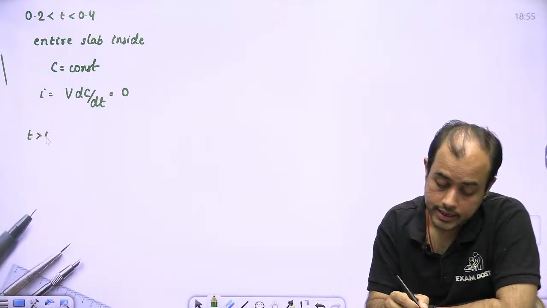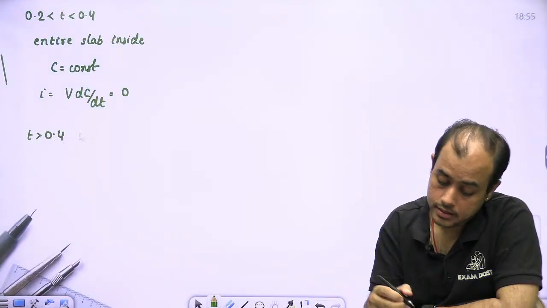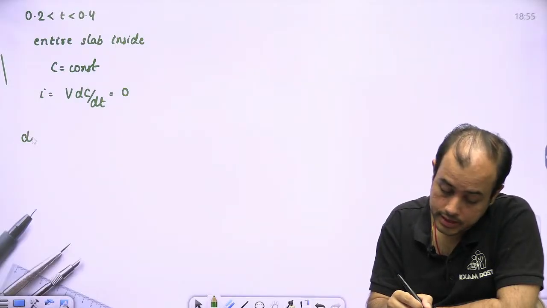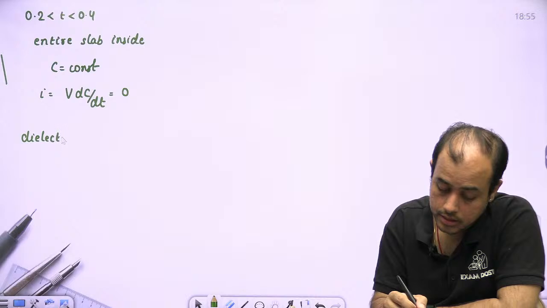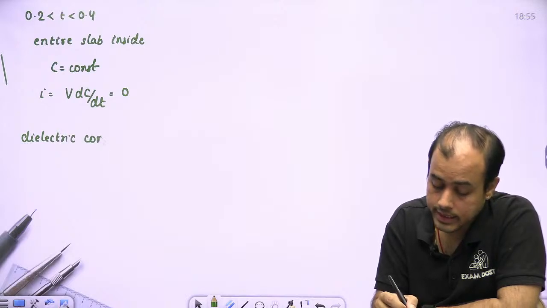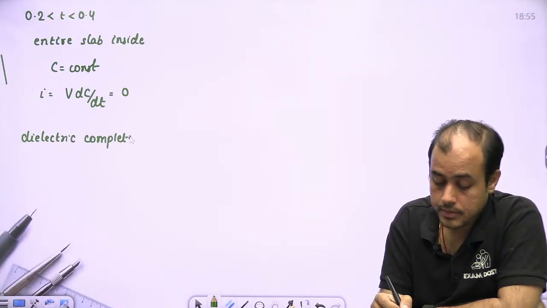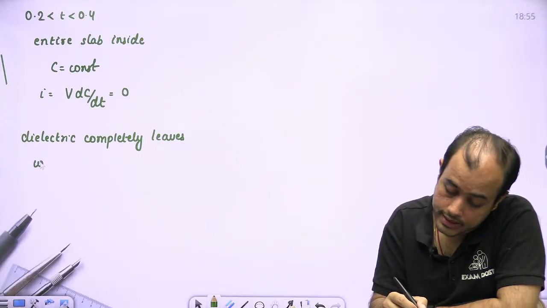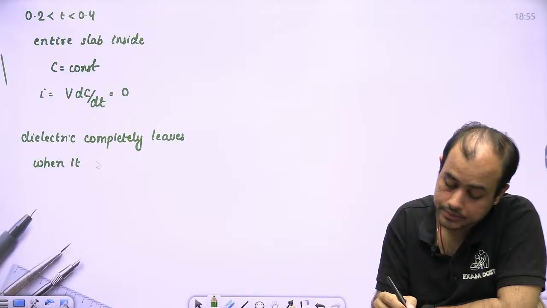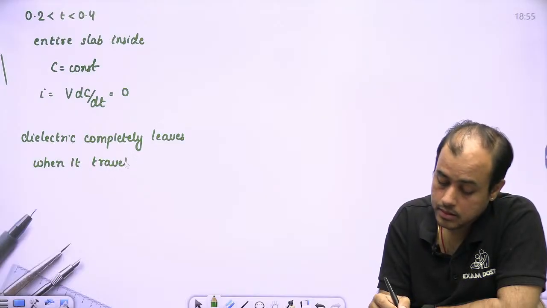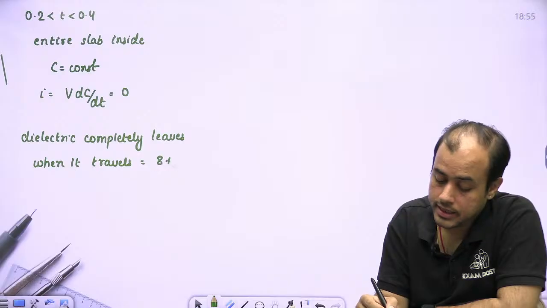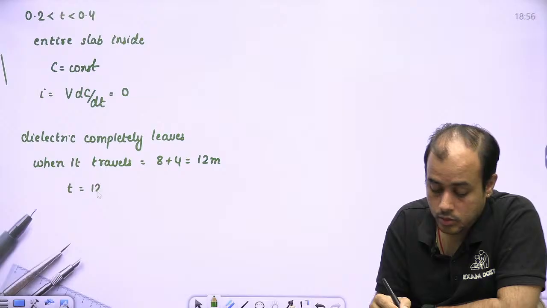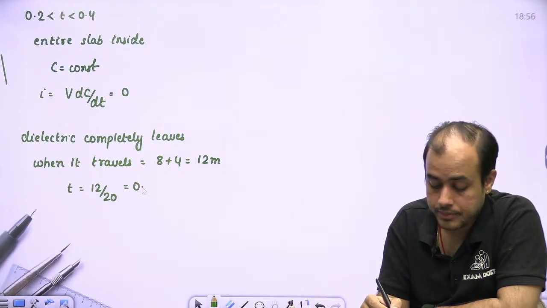Now for t greater than 0.4, now beta, dielectric completely leaves when it travels 12 meter. कैसे? 4 मीटर अपनी लंबाई, 8 मीटर प्लेट की, तो टाइम विल बी 12 by 20, 0.6.